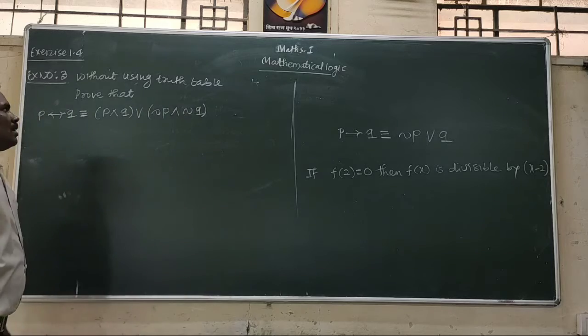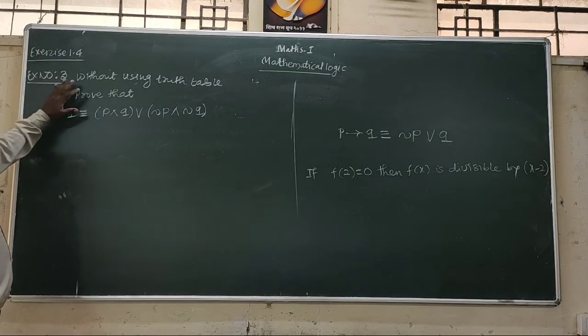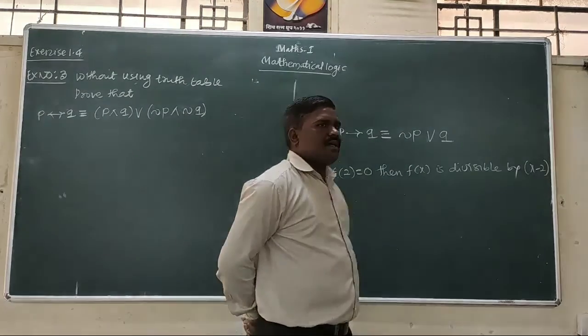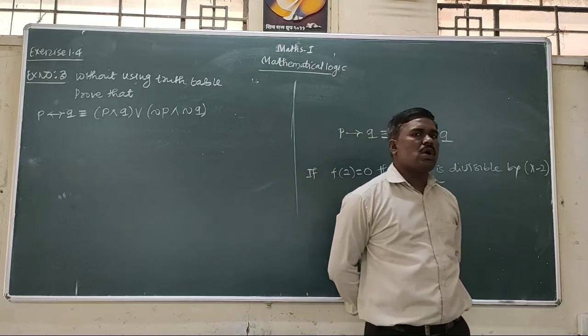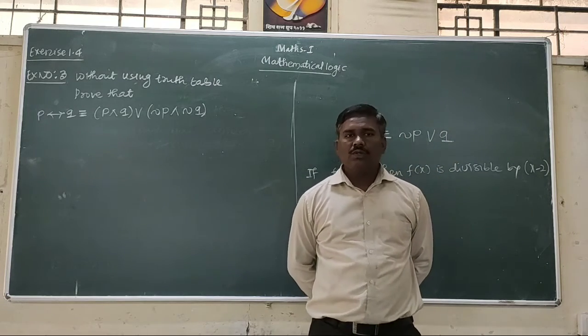Okay. The example number 3 in 1.4, that is without using the truth table. Without using the truth table, solve these examples using the laws of logic. Don't use the truth table here.